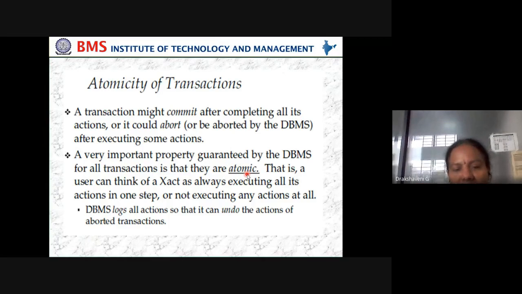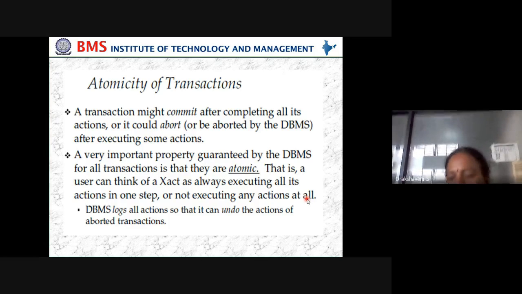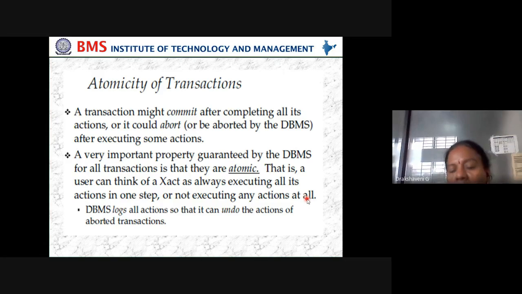Either you do the transaction or you don't do the transaction. That is, the user can think of a transaction as always executing all its actions in one step, or not executing any action at all. So atomicity says either you execute or you don't execute.